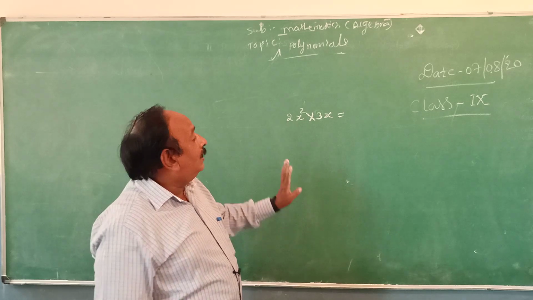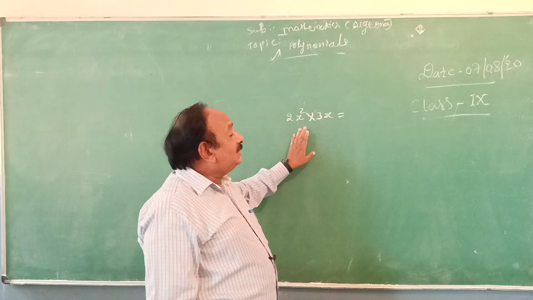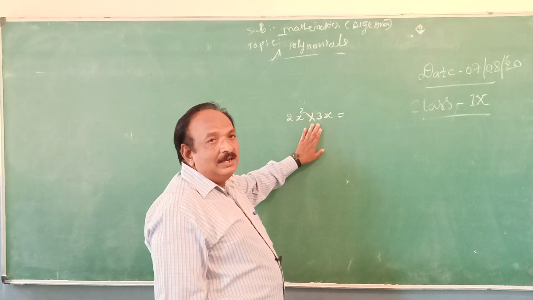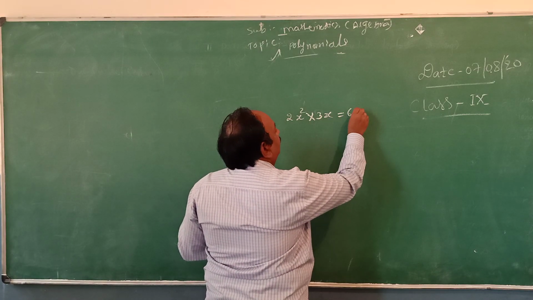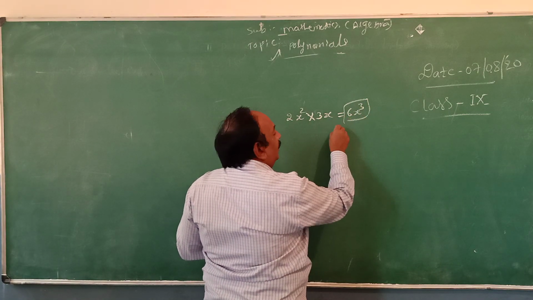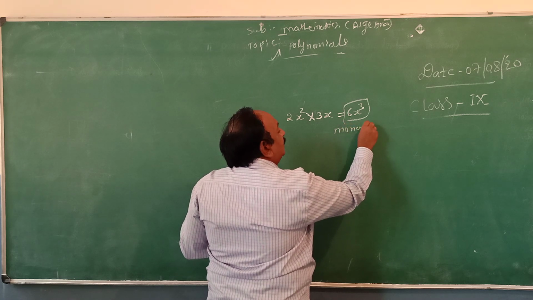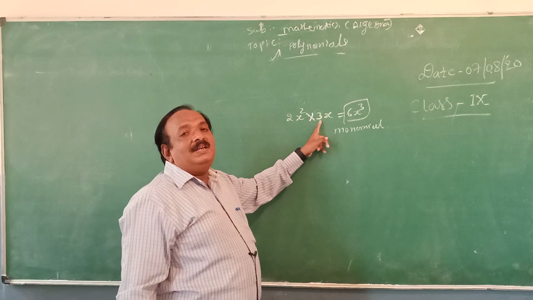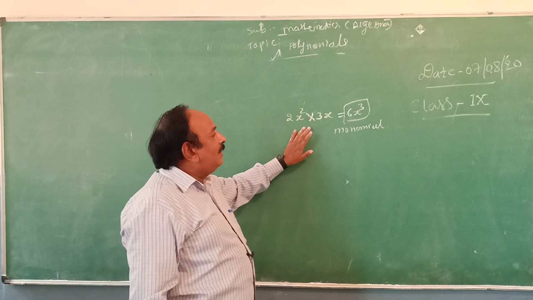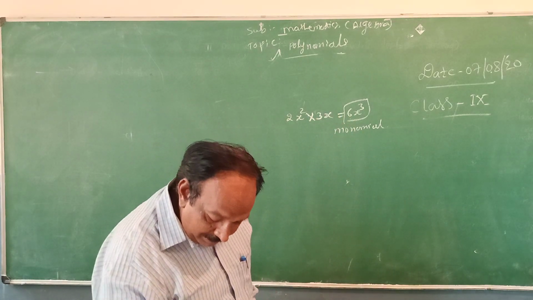So you are not going to decide it is a binomial. When you multiply, 3 2s are 6, x squared into x cube, it becomes a monomial. Please, these types of question may appear for your examination. It looks like a binomial, but it is not a binomial, it is a monomial.